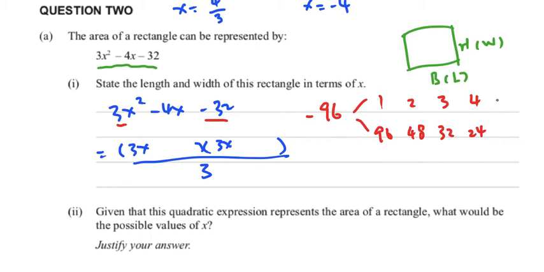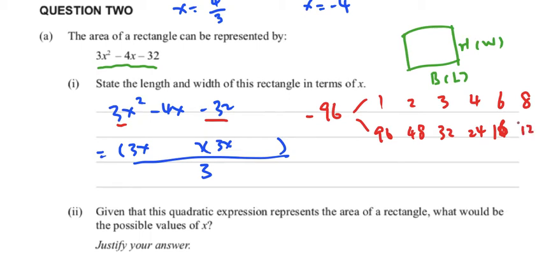What about 5? No. 6 will do. 6 and 16, right? Yeah, 6 and 16, it's not working there. Let's try 8. 8 and 12.